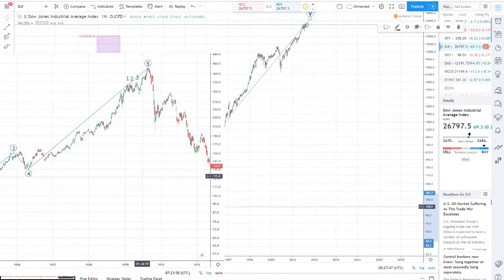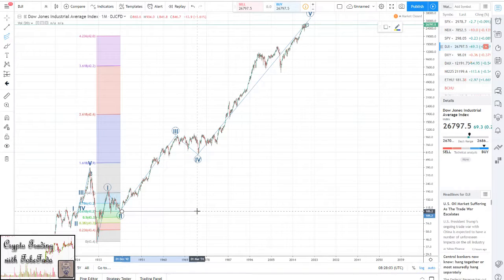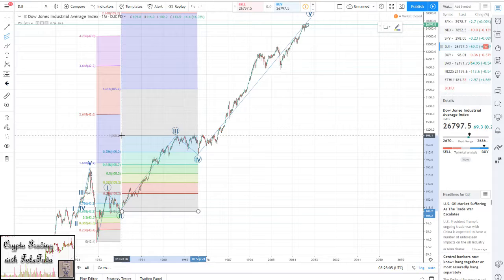And you can see the correction went down to about a ratio of 0.618. Now we can actually apply this to the correction of the fourth wave as well. So it's up here as a 1, and then we have the 0.786 here. It kind of went down to about 0.786.